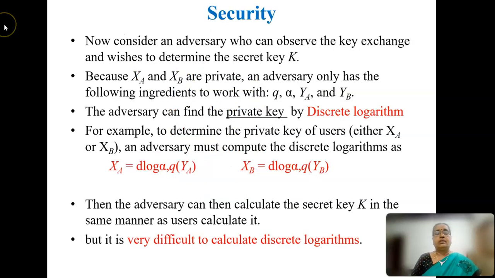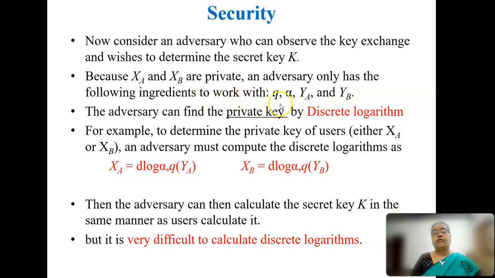Now, how is the security here? Consider a hacker who can observe the values of the key exchange and wishes to determine the value of the key K. Because XA and XB are private, the adversary only has the following ingredients to work with.